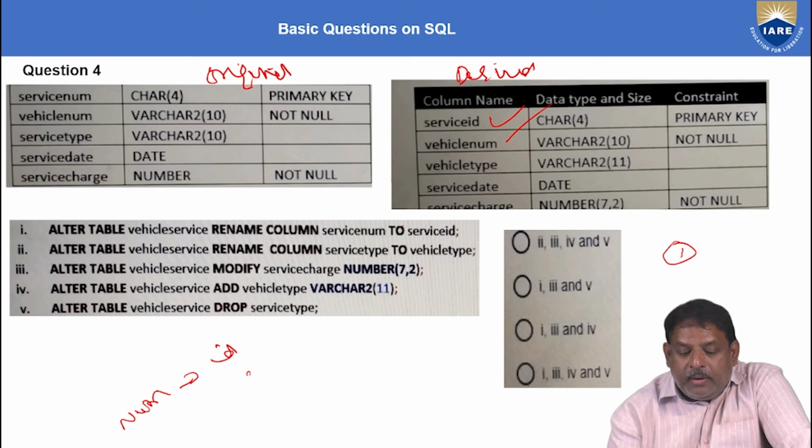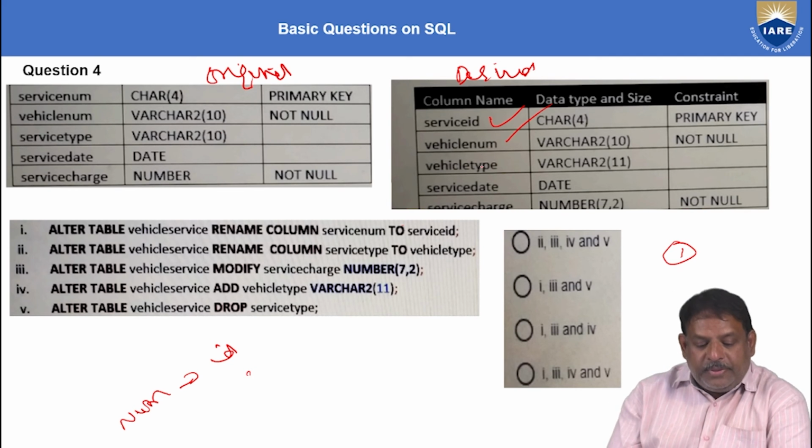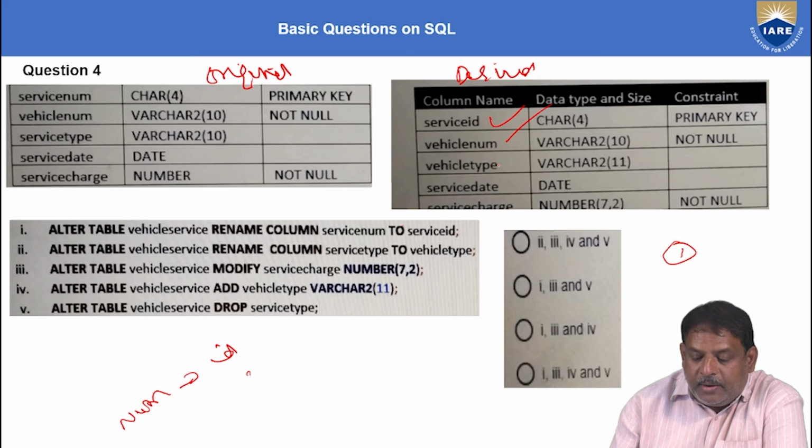Varchar 10. It is not here. Service type is there in the first table. After modifying, service type is not here. So we have to see something about this. Okay. ALTER TABLE vehicle service DROP service type. So 4 is also correct. So till now the first is correct.